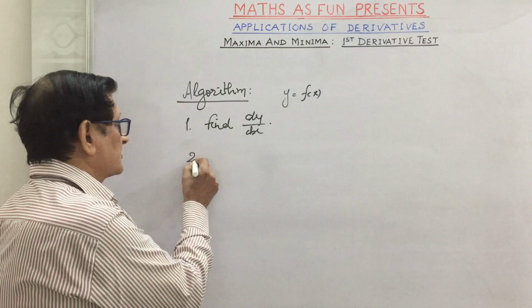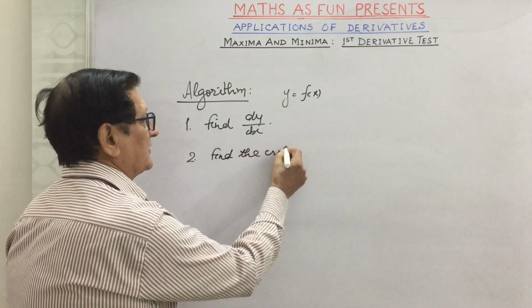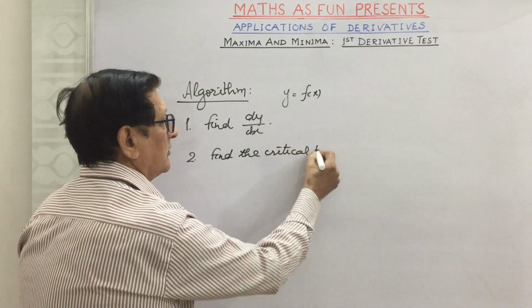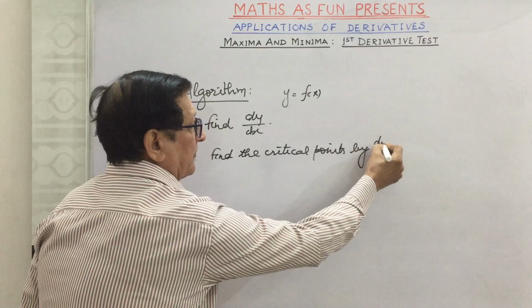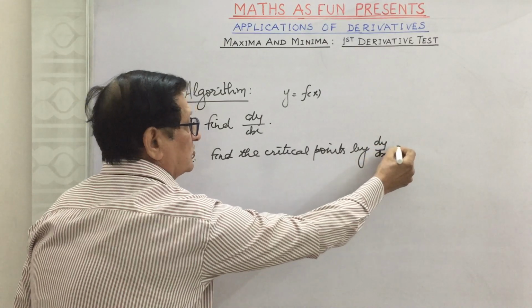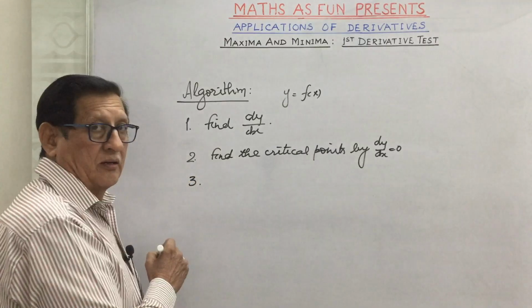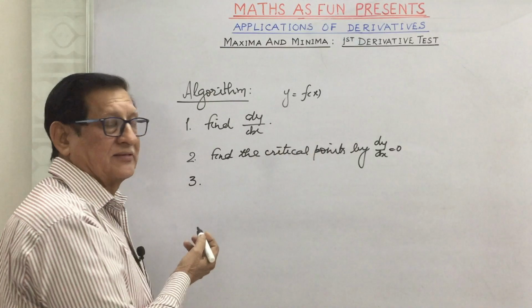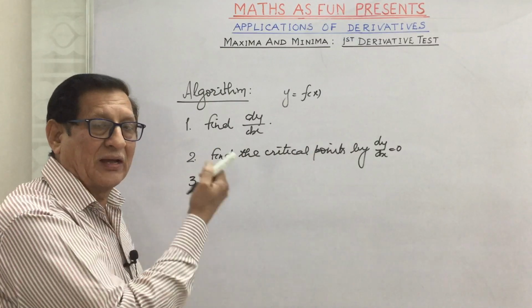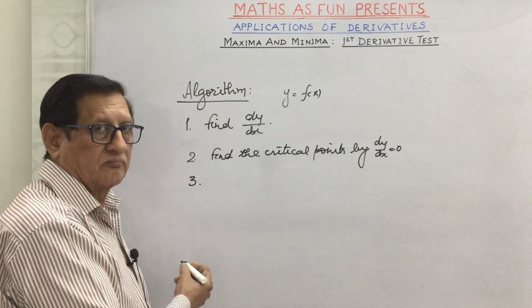Then in the second step, we will find the critical points by using dy by dx equal to 0. Then in the third step, we will find the sign of dy by dx in the left hand neighborhood and the right hand neighborhood of all critical points.